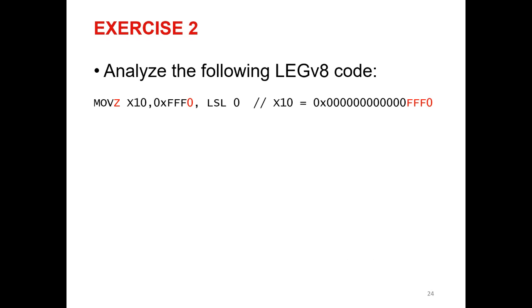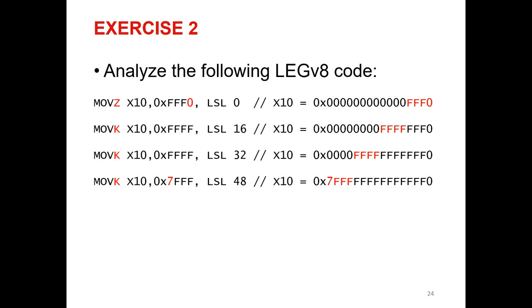Here, I think all 4 instructions are clear because the one we are modifying is the red thing. With this operation, we are just putting this at the end of the first bits of the register. Then we are putting this here, this here, and this in here.